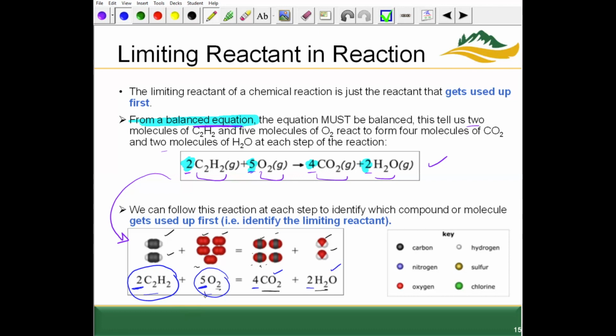If we only had 4 O2, then the oxygen would run out first. That would be the limiting reactant, right? Because we need 5 for this reaction to proceed for every 2 molecules of C2H2. And you would need a key like this to fully determine what is what. So here's red for oxygen, and here are the 2 whites for hydrogen.